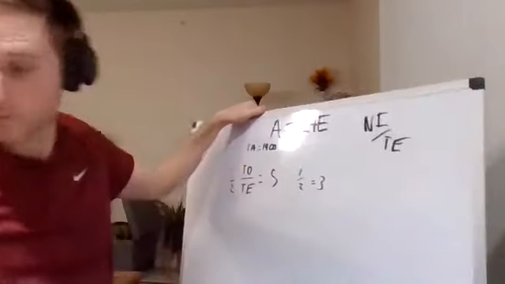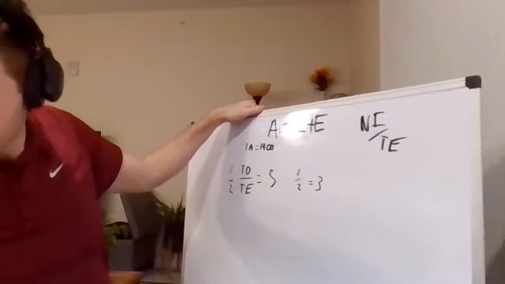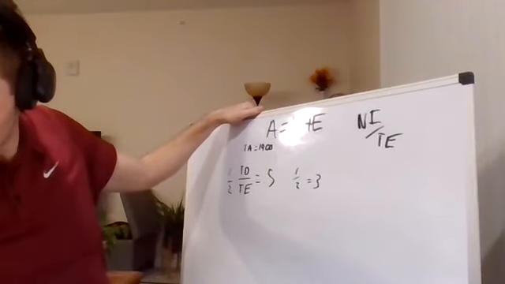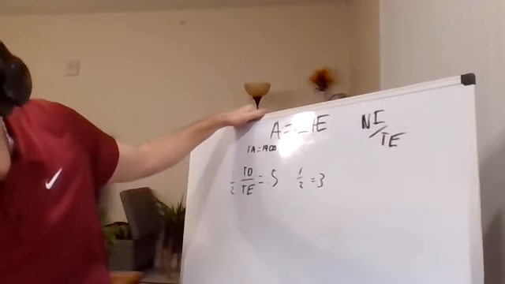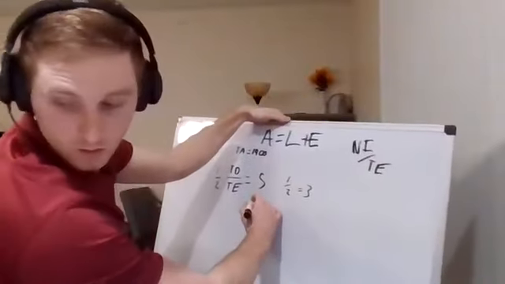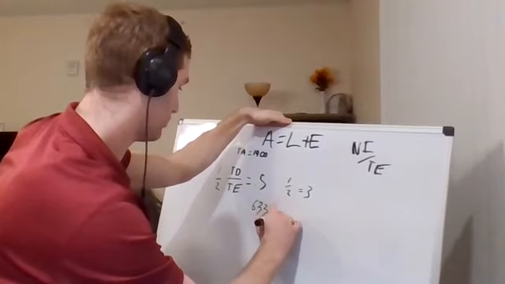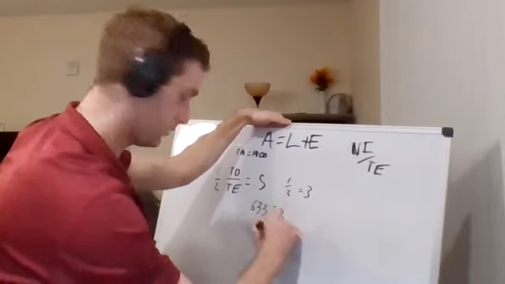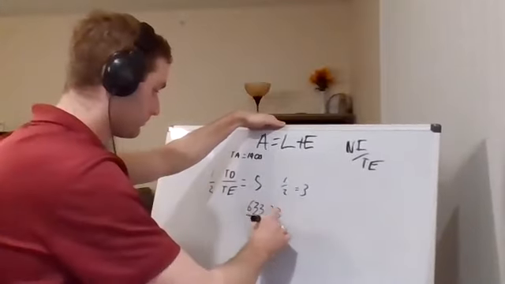I divided 1,900 by 3, which gives me 633.33.